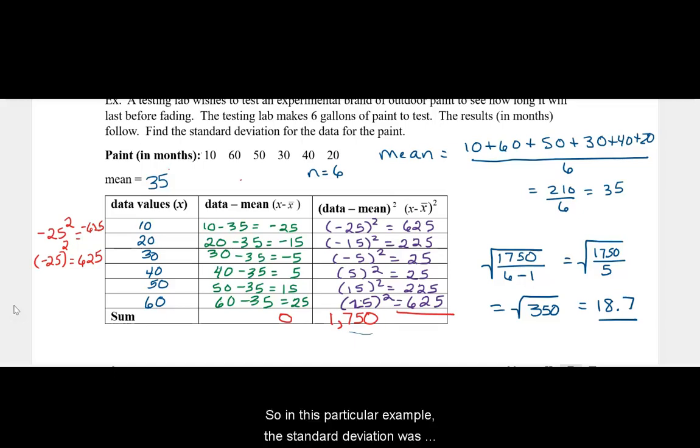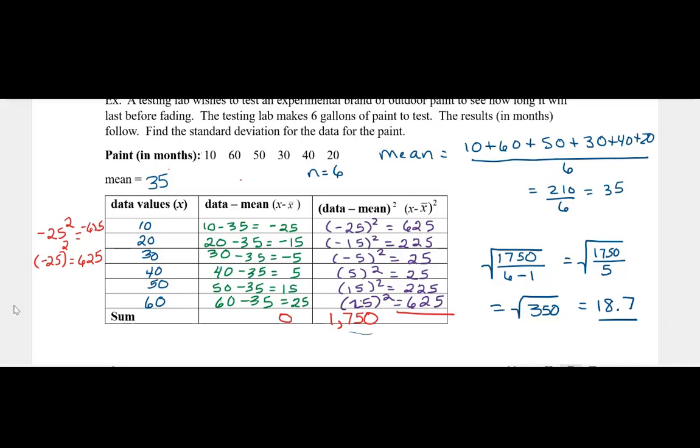So in this particular example, the standard deviation was 18.7 months, which indicates a fairly large amount of variation in how long the paint lasted before fading. Some cans faded much sooner than average, while others lasted much longer than average. And so we have what we consider a larger variation in this particular case. In other cases, we might find a smaller variation where the numbers aren't varying too much from the mean of the data set.